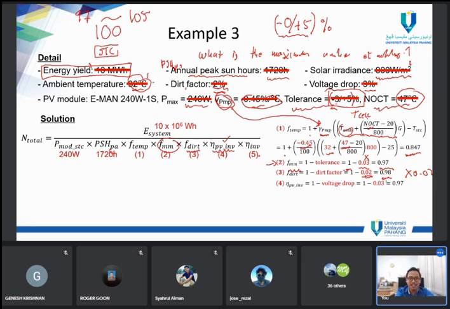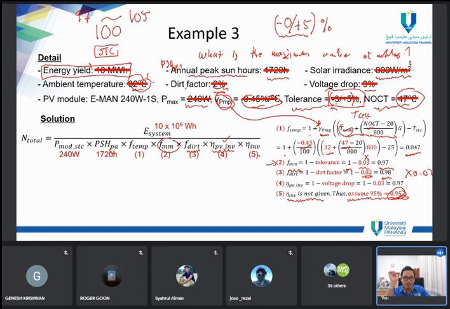But if the inverter efficiency is not given, assume 0.95. This is in the SEDA guideline, they are written there. Sometimes it is not given in the questions. At this time, you assume the value of 0.95.